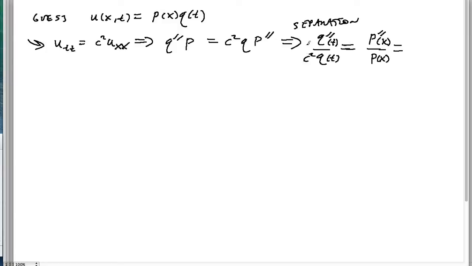When you have a function of t on one side and a function of x on the other side, and they're equal to each other, then they have to be equal to some constant, which we're going to call negative lambda, and that is unknown.